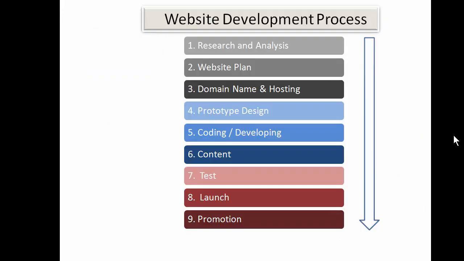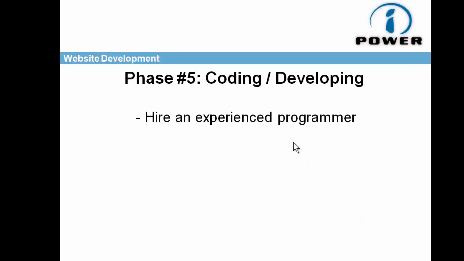So basically, now that we have defined and designed the prototype, we can have our manager or a client approve it. And then we can move on to finally code and develop or create our website. When coding a website, I recommend hiring an experienced programmer, preferably experienced in different skills like HTML, PHP maybe, also familiar with creating a website in WordPress or some other CMS, content management system.